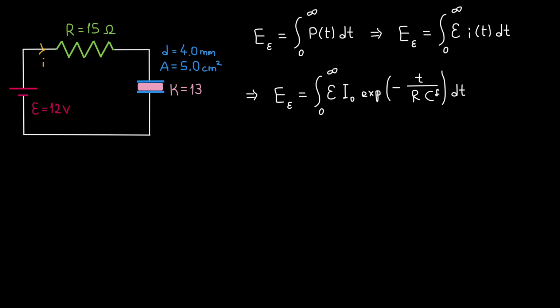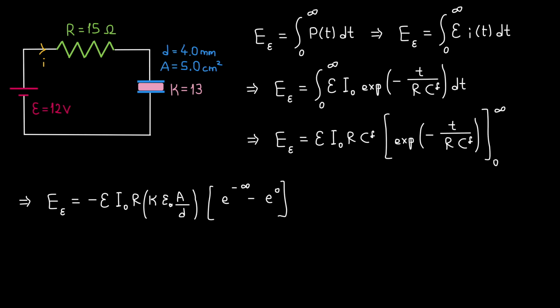Now for the C values for the capacitance, we need to use the value of the capacitance after the dielectric was inserted, which is going to be equal to K times the initial value of the capacitance. So that's basically K times epsilon 0 times plate area divided by d. So in the next line, first let's take this integral, and then I'm going to substitute the formula for C final. Here's the result of the integral.